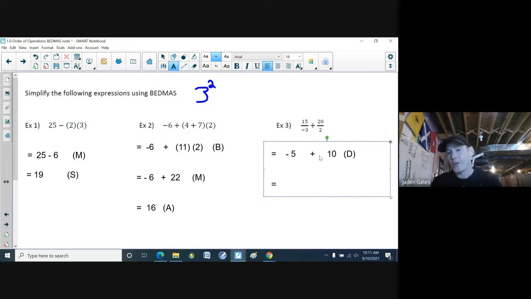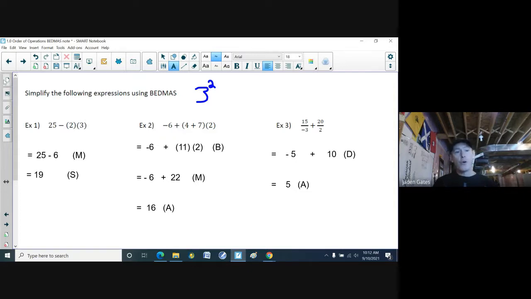So I say I always look at things in terms of money. If I lose $5, but then I get 10 back, I'm up $5. And so there is the addition that I just did. So in this particular question, I just used the D and the A. All right. So again, you don't use all the letters, just like in English when you're reading.